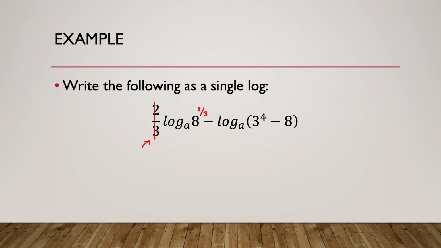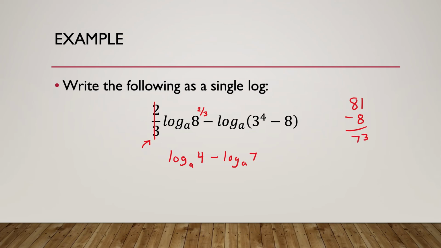All right, so let's do a little calculator work now. I'm going to take in my calculator 8, and I'm going to raise it to the 2/3 power. All right, when you do that, 8 to the 2/3, you should get 4. I'm also going to go ahead and do some simplifying on the other term, the 3 to the 4th minus 8. 3 to the 4th is 81, and we're going to subtract off an 8, so that's going to leave me 73.